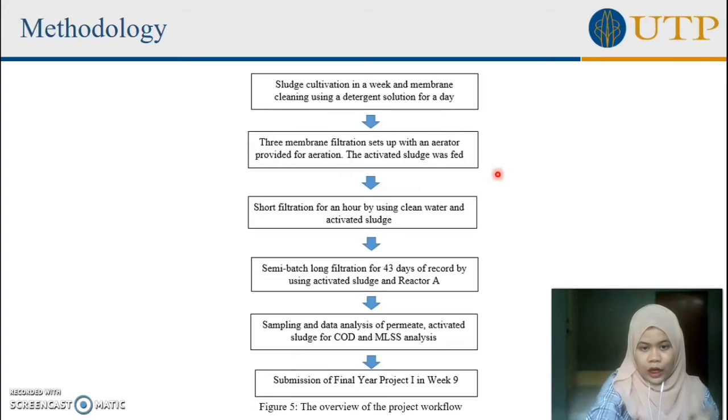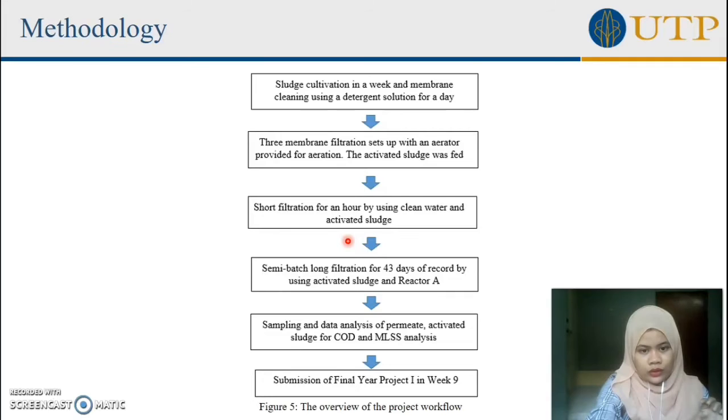And then after the cultivation of sludge was done, the short filtration was performed for an hour with 10 minutes of time interval by using the clean water and activated sludge as the feed water. Then it proceeded with the semi-batch long filtration, which was done for 43 days and recorded.